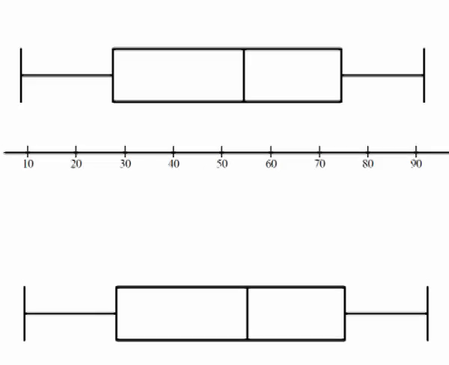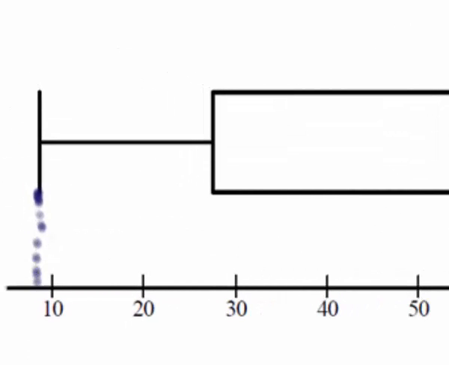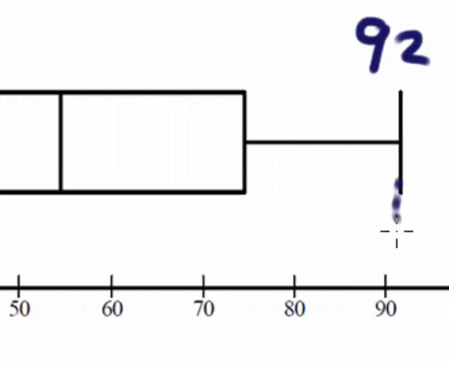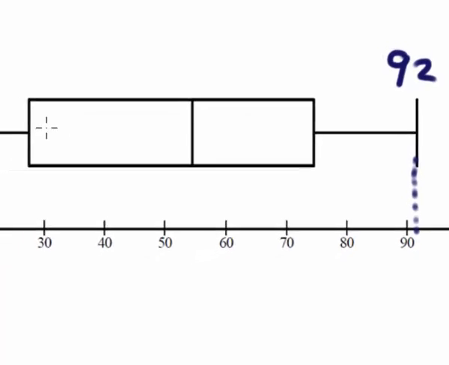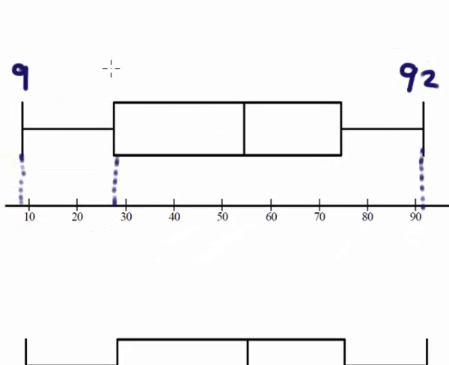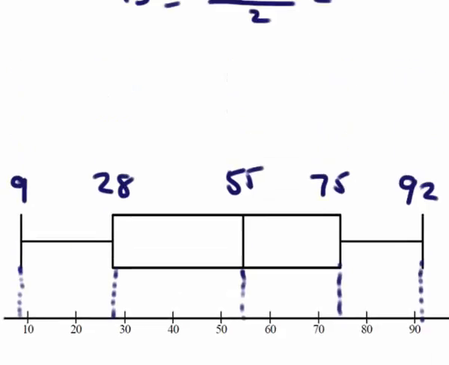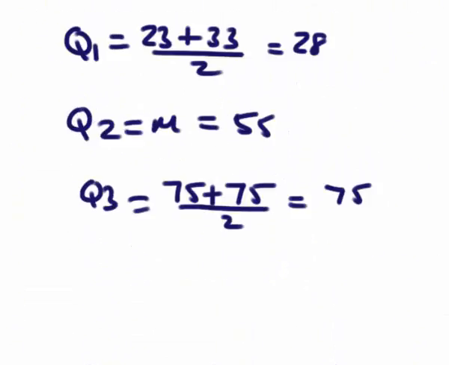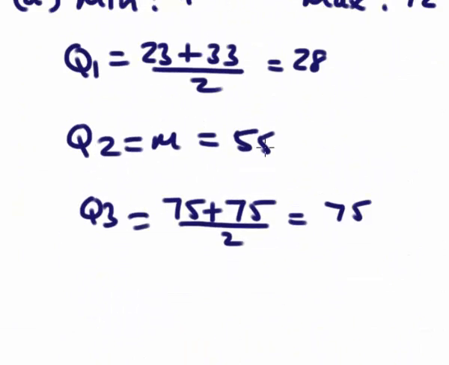So let's have a look at that. If we take class A here, the minimum is 9, the maximum is 92, which is a bit more than the 90 there. Then we've got 28 here for the lower quartile, 55 for the median, and 75 for the upper quartile. There's all our information: 9 and 92, 28, 55 and 75.